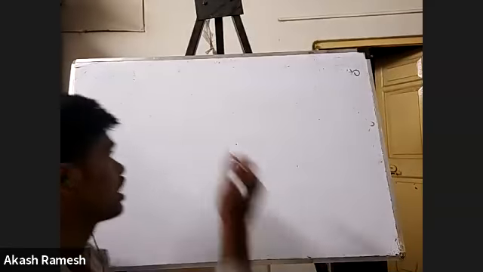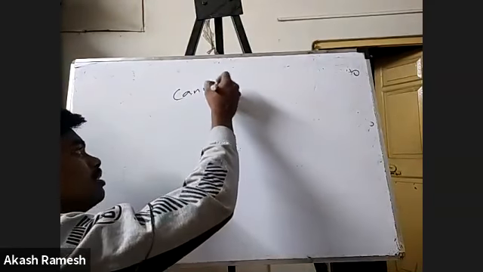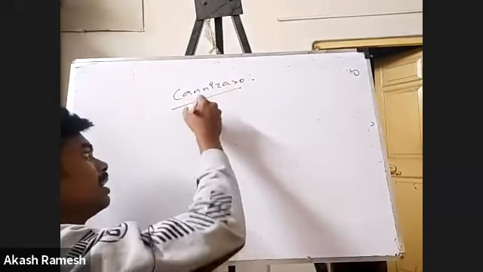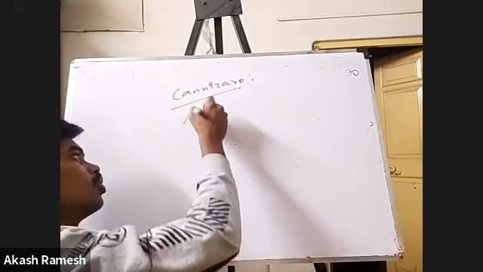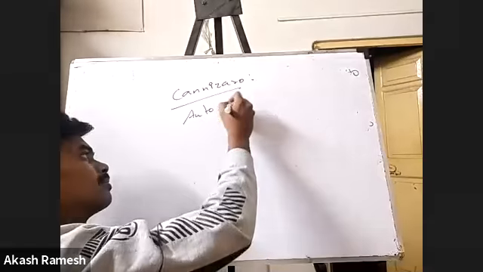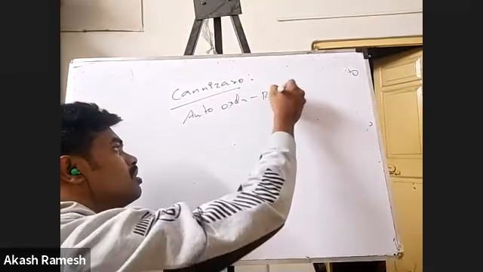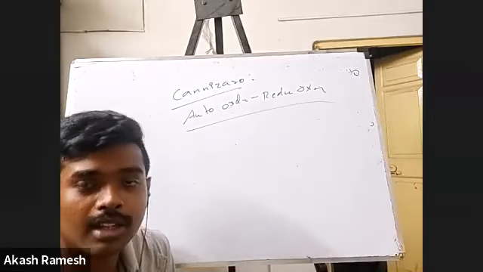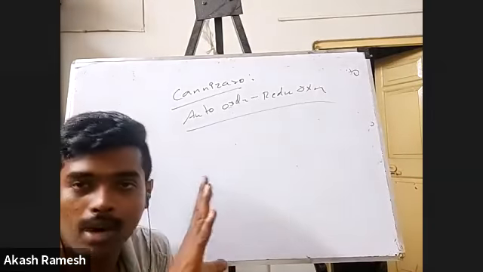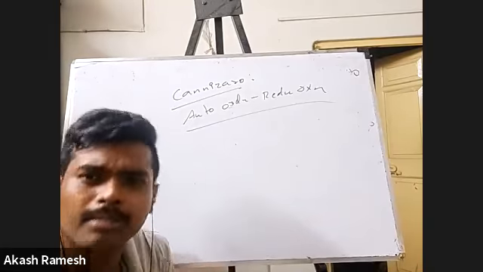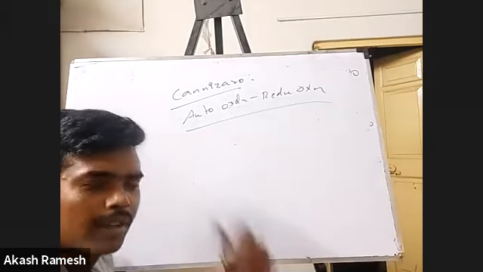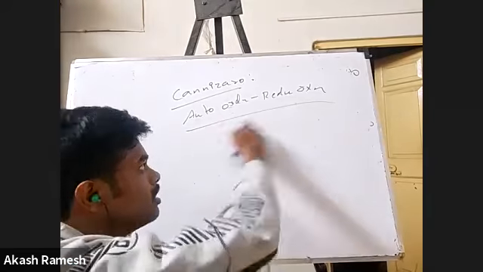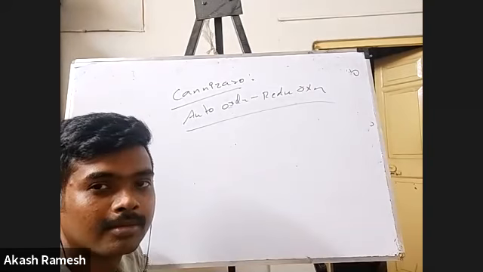Okay, so the Cannizzaro reaction is an auto oxidation reduction reaction, right? That means only one compound is there. Or a better way, if I have to use a technical term, what will I use for this?